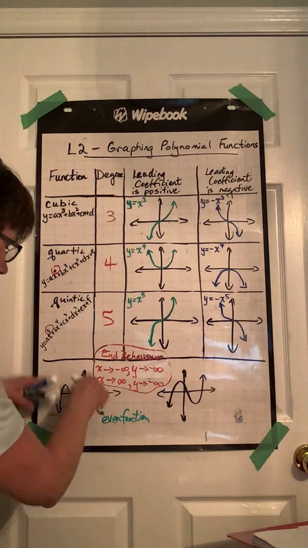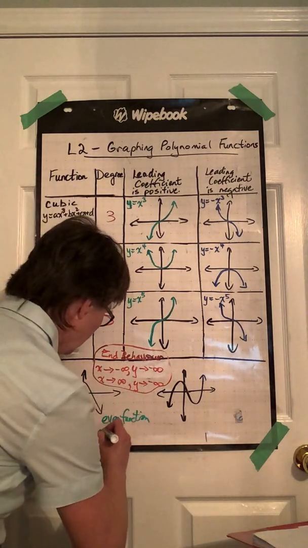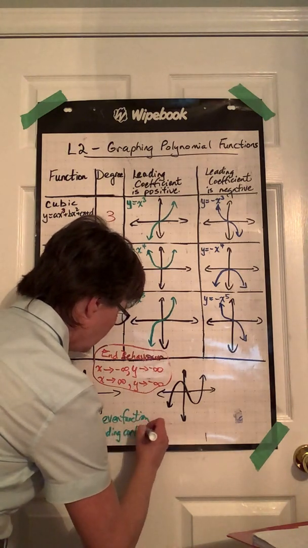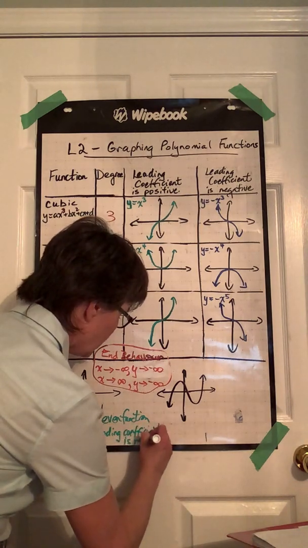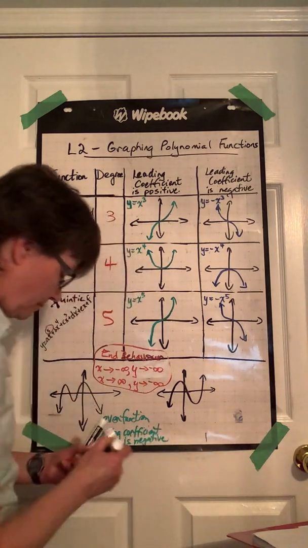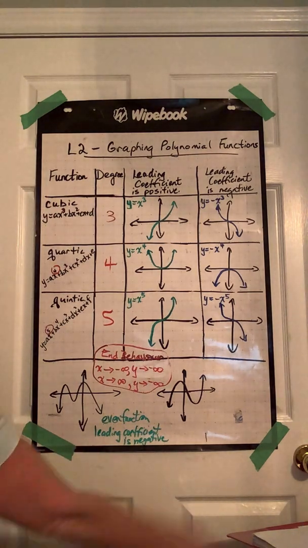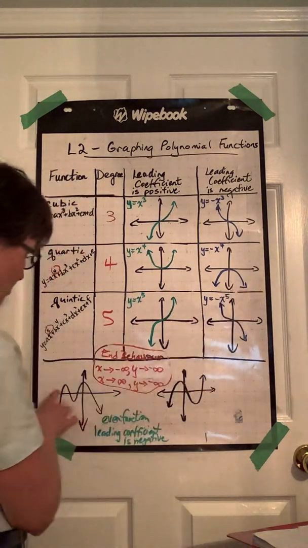And because they're both going down, we know that the leading coefficient is negative. Leading coefficient is negative, okay? And we could see that up here with our quartic function, okay? So this is another example of a quartic function.